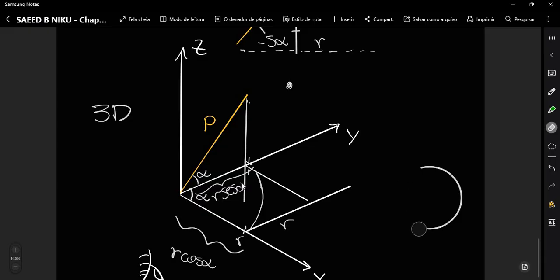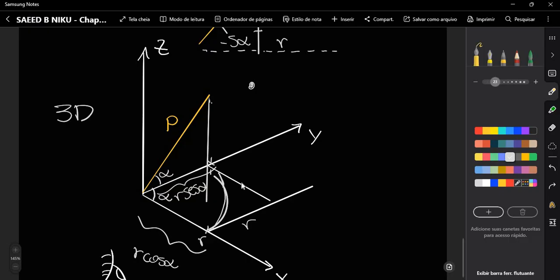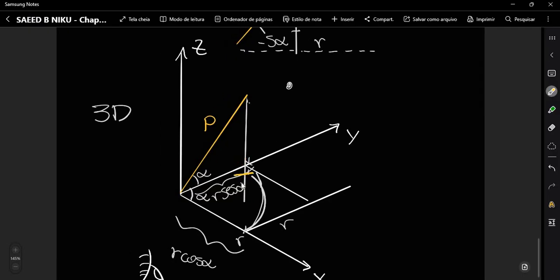So it's something like this. So it can be in this region, but it's right here. Let me change the color to yellow. It's right here.